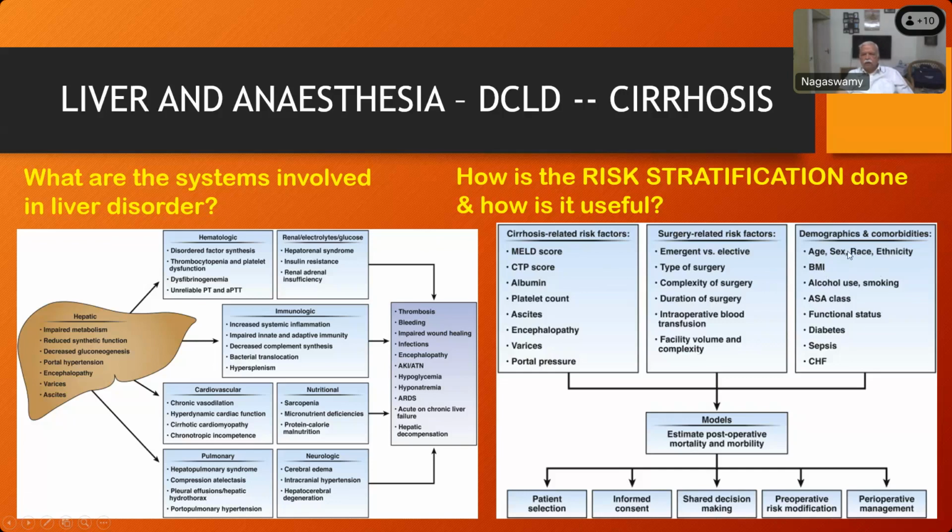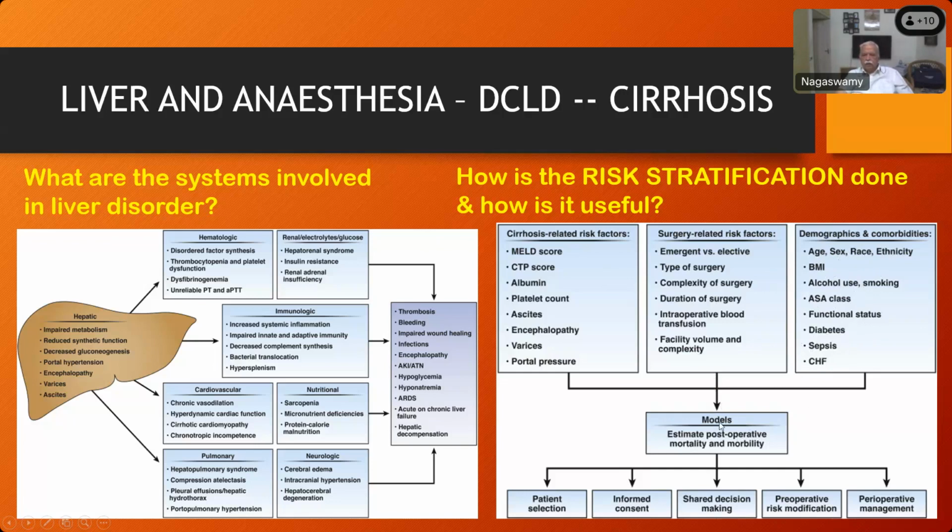And demographically, the age, older the age, more risk, female, race, ethnicity, BMI, alcohol use, ASA class, functional status, comorbidities like diabetes or presence of sepsis or cardiovascular disease, congestive heart failure. All these things are the risk factors.